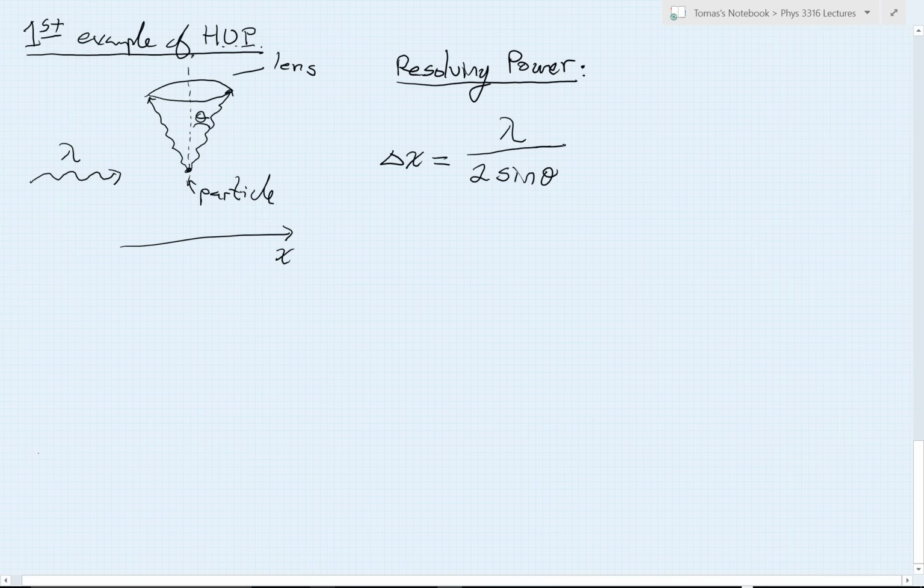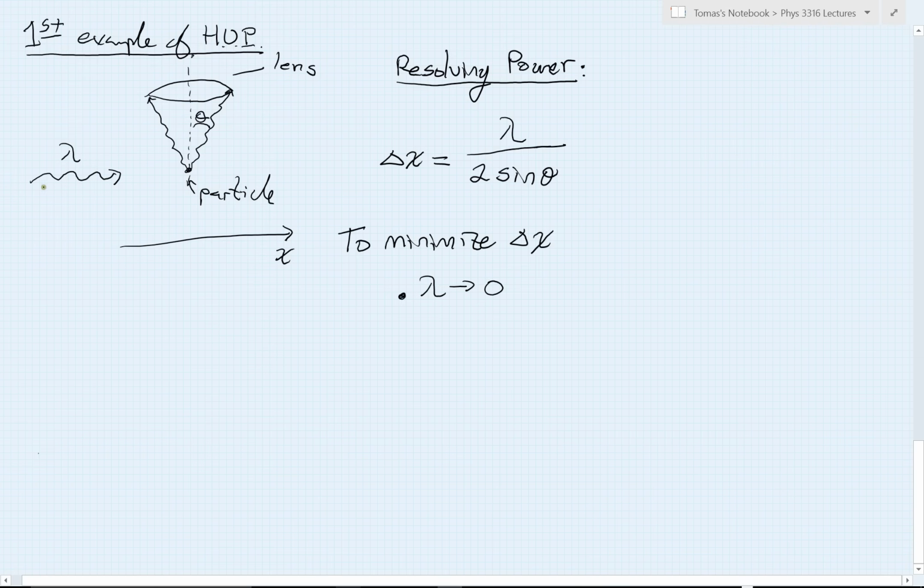I think you can see, roughly speaking, why we would end up with a formula such as this by considering what you want to do to optimize the precision of your measurement. To minimize delta x, there are two things that you would want to do. We would want to let lambda go to 0. I think this is understandable from your wave physics.